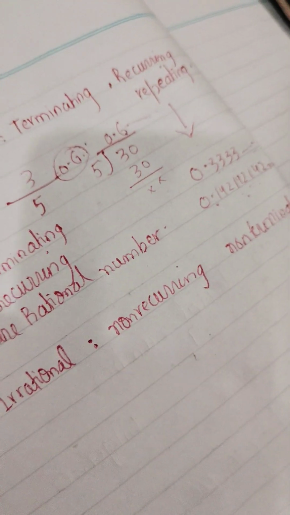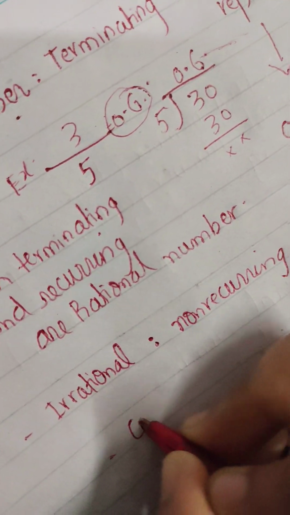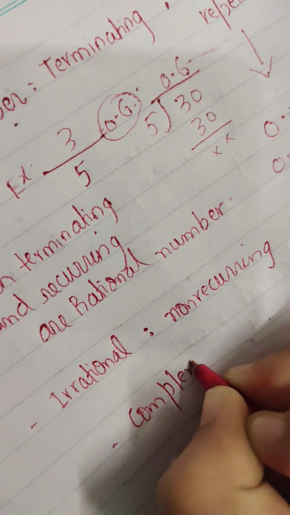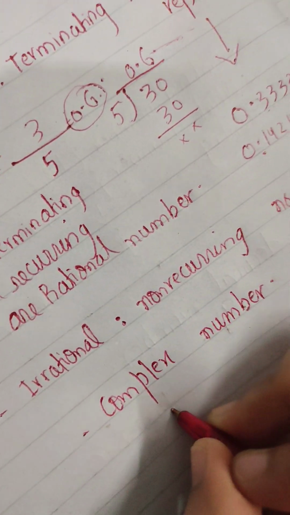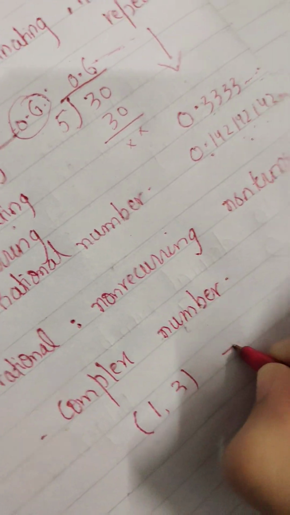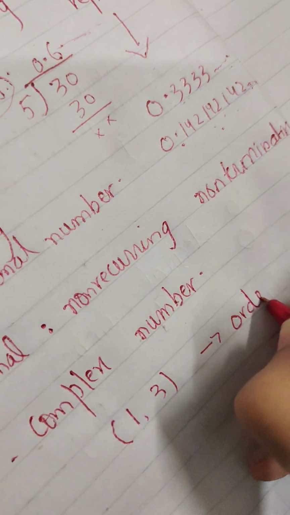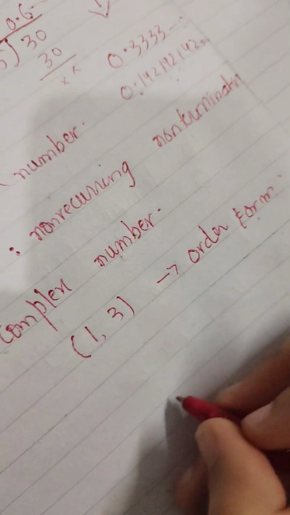Now we are moving towards our last but not the least, that is the complex number. First we're going to see it as an ordered pair, 1 and 3. This is an ordered pair, ordered form.